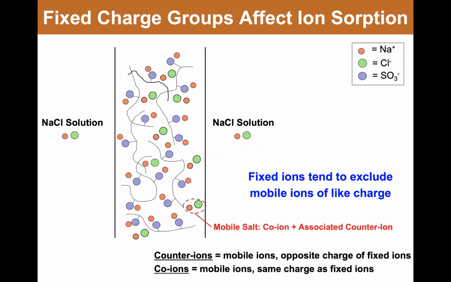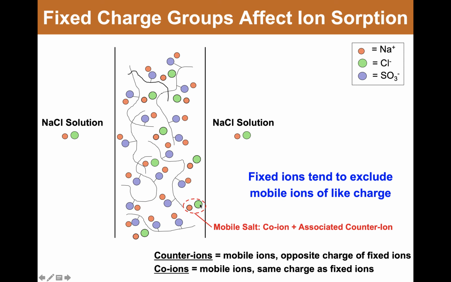Now we will also refer to the salt or mobile salt in the membrane as the co-ions, in this case the chloride, plus their associated counter ions. And if you can imagine that there would be a concentration gradient, so that the sodium chloride solution on the left-hand side was at a higher concentration than that on the right-hand side, there'd be a gradient to drive salt through and across this membrane.